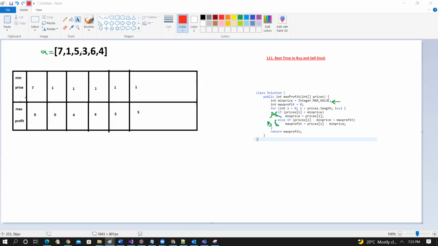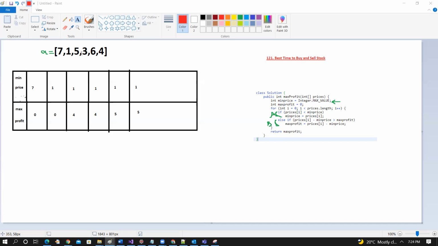So this problem is asking: for a given set of stock prices, how will you decide what value you want to buy at? You need a minimum price to buy, right? Everybody who is going to invest will look for the minimum buying price. And if he wants to maximize his profit, he would definitely go with the maximum selling value.